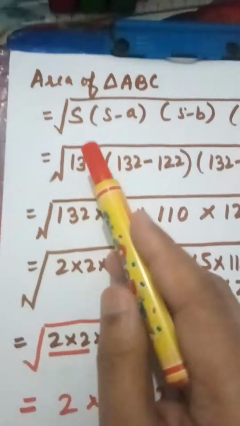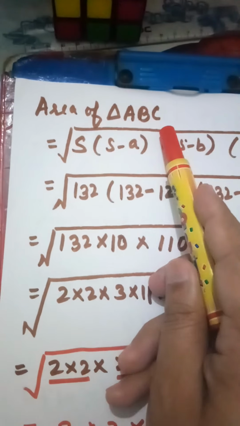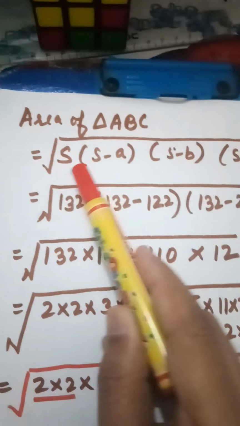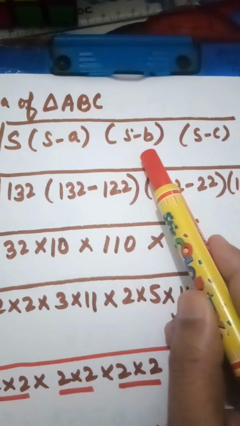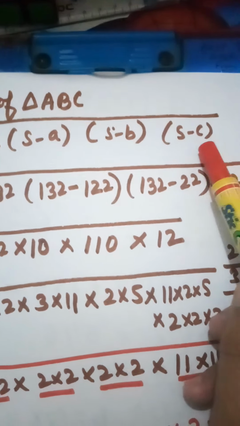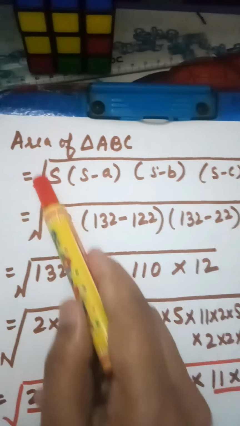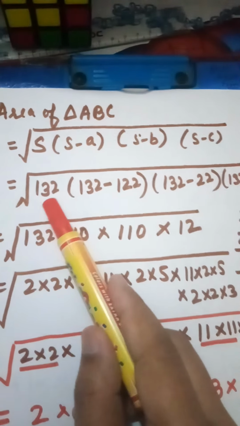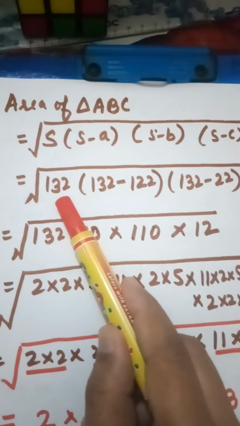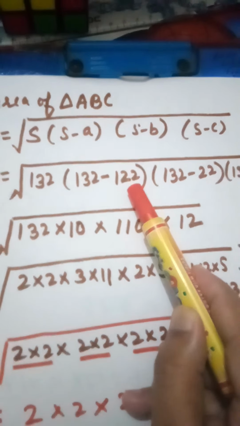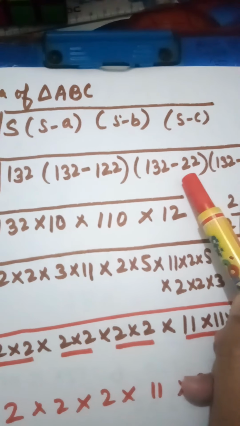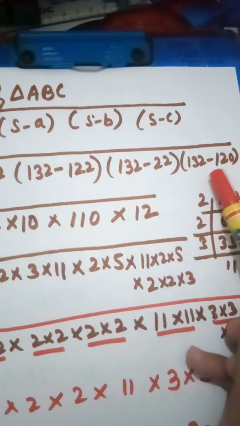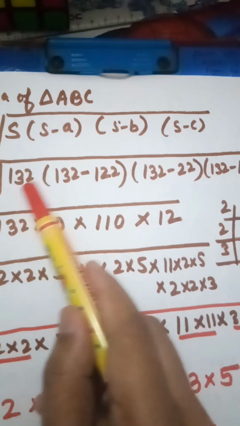So now the area of the triangle is given by Heron's formula, that is the square root of S into (S minus a) into (S minus b) into (S minus c). Similarly we note the same notation under the root here, and S is 132, then 132 minus 122, 132 minus 22, and 132 minus 120, all multiplied here.